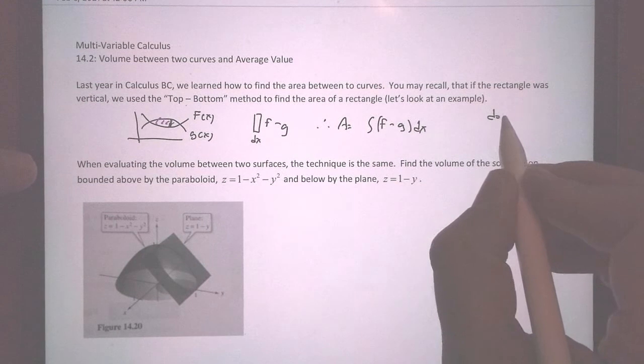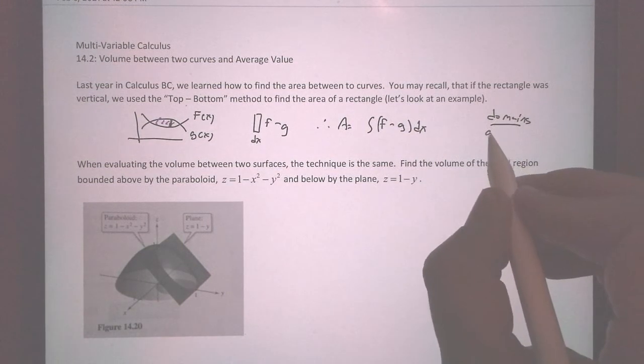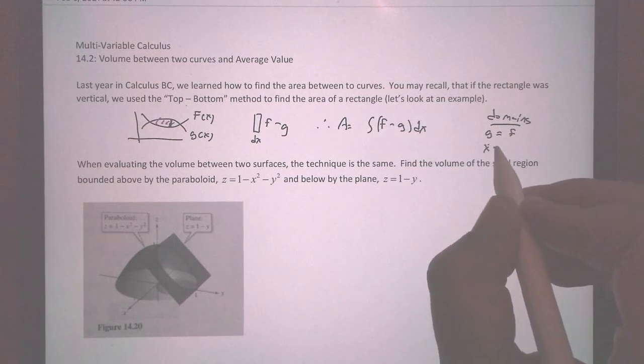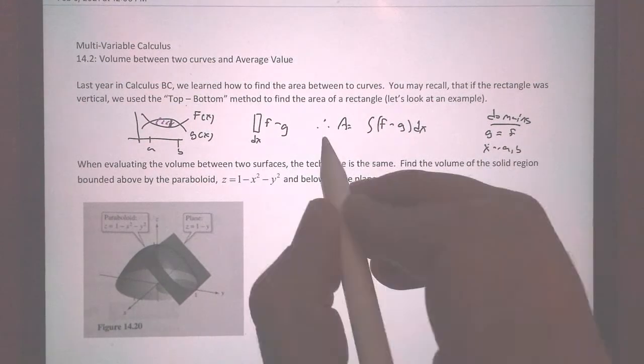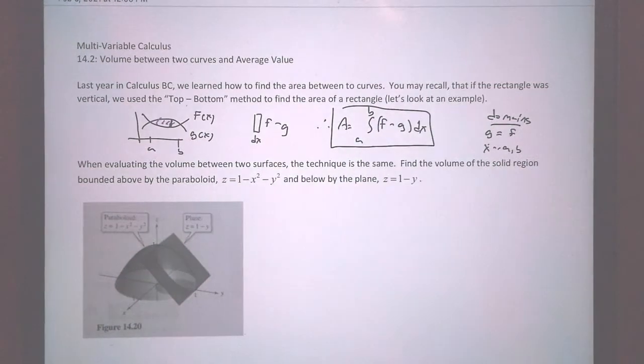Now, to get the domains, you might remember we had to look at the intersection. Where does g equal f? In this case, we got some a value and some b value when we solved that. And that is how we would get the area between two curves.